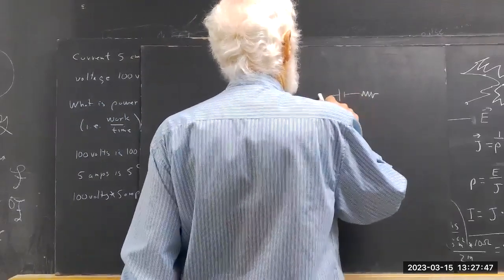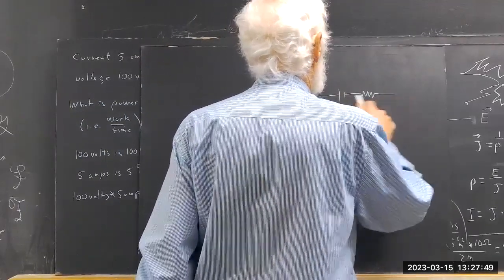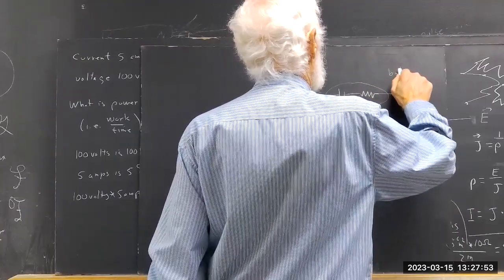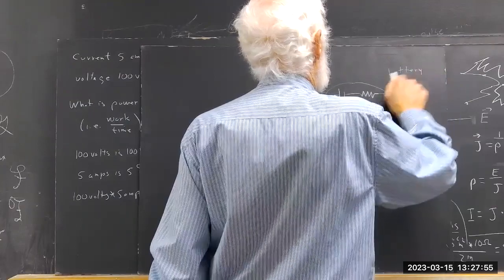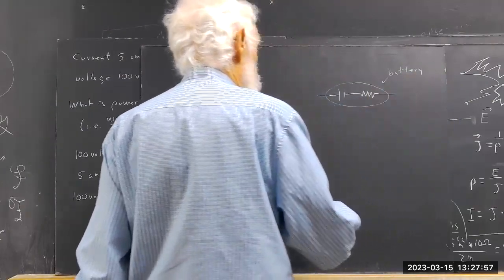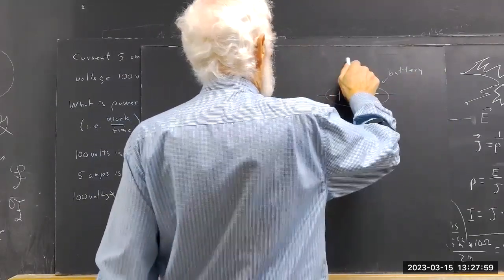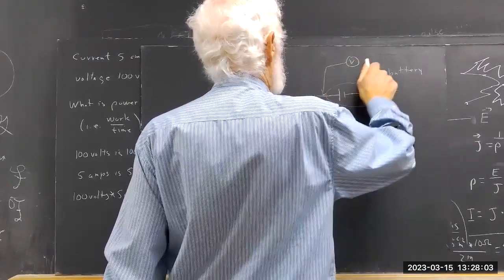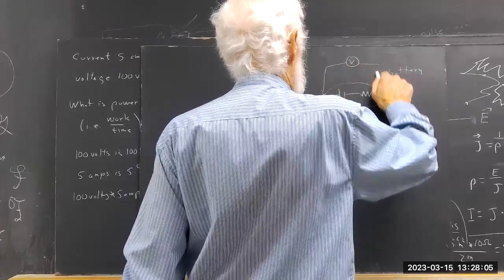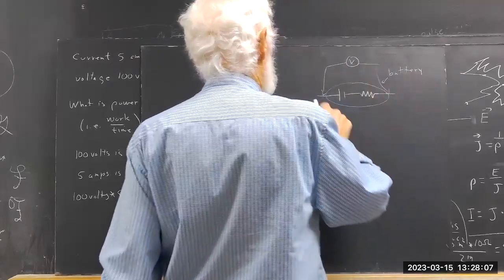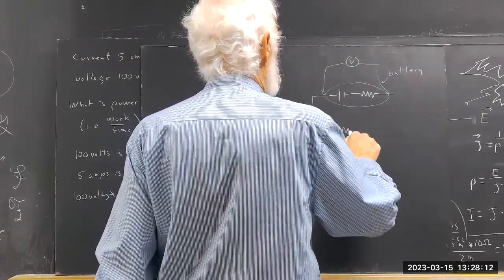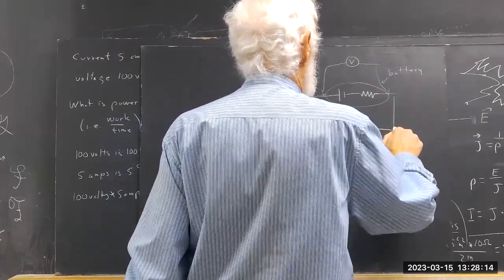So here's your battery. And we could put a voltmeter across the battery. I'll explain to you in a minute. And now we have some other resistance here.